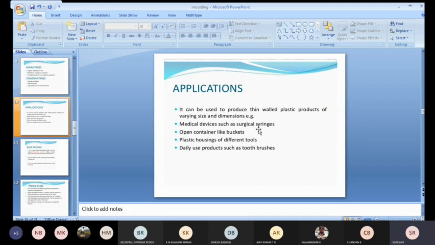It may be medical devices such as syringes, buckets used in households, toothbrushes and so on. We can get all of these through the injection molding process. These are the applications, advantages and disadvantages of the molding process.